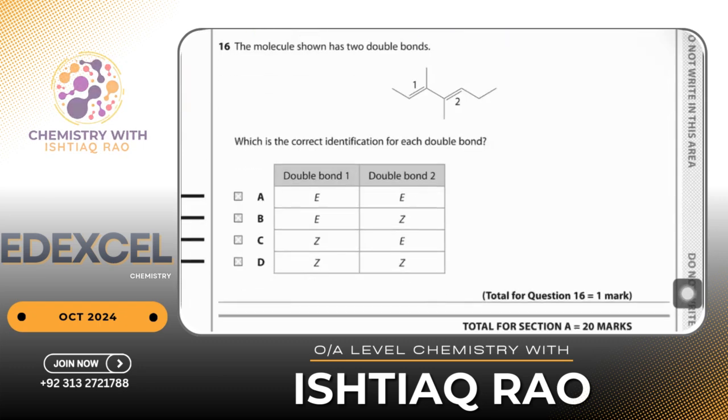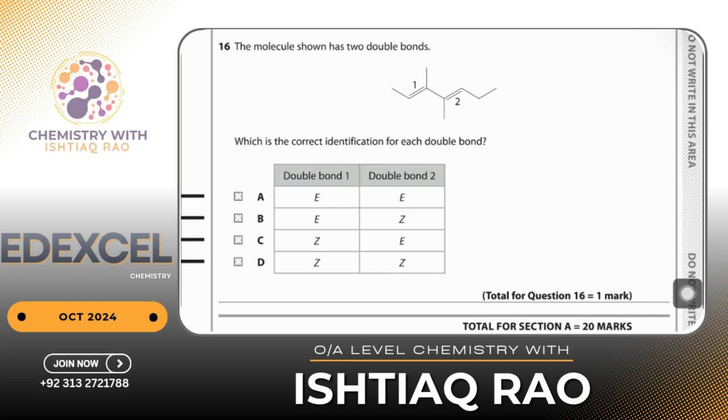Okay, the molecule shown has two double bonds. Yes, we know that. What is the correct identification for each double bond? Cis and trans isomerism, E and Z isomerism. For this one, you can see it's a cis isomer, right?